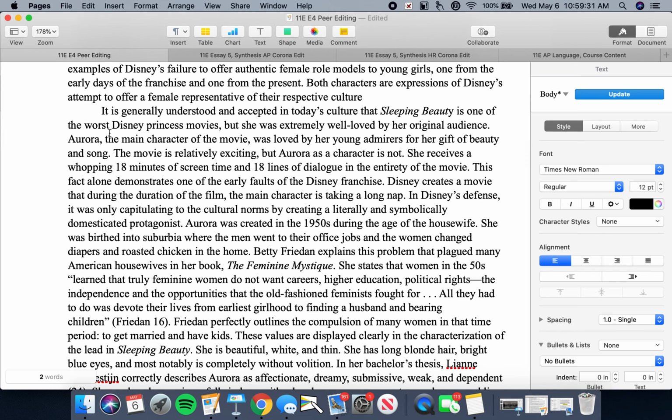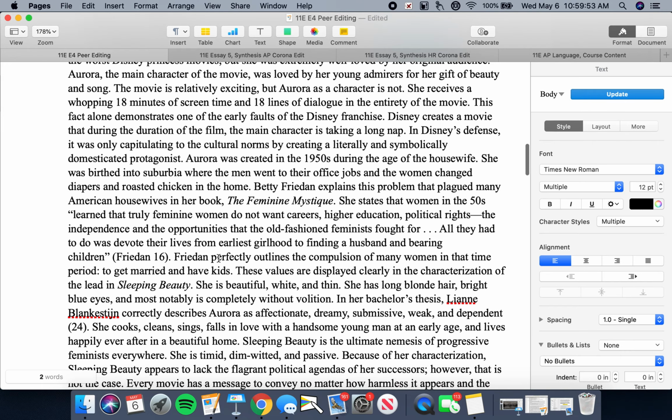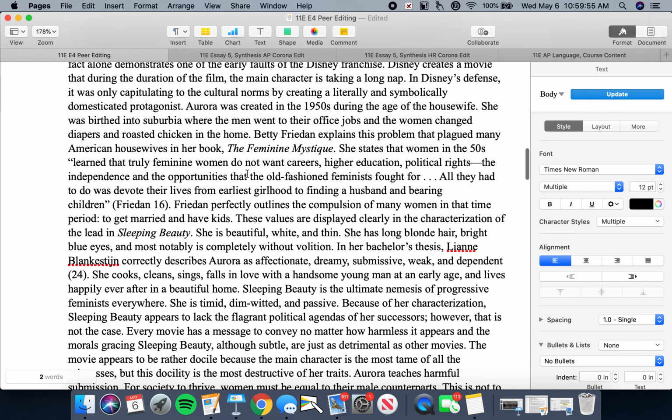Okay, first character that she evaluates is Aurora from Sleeping Beauty. What does she essentially conclude in this paragraph? After a great deal of analysis, in which she introduces a kind of basic character analysis of Aurora, introduces some of the background, discusses the plot and what she does, connects it to some statements made in The Feminine Mystique by Betty Friedan.